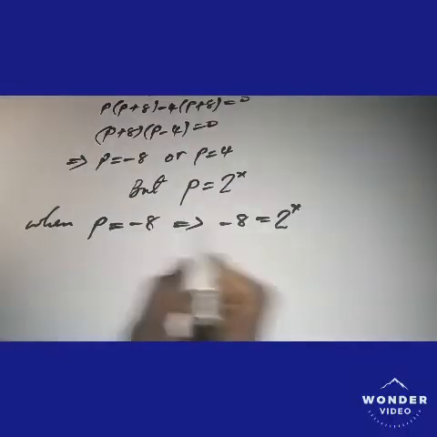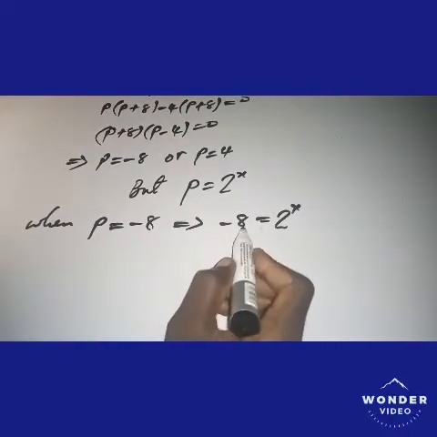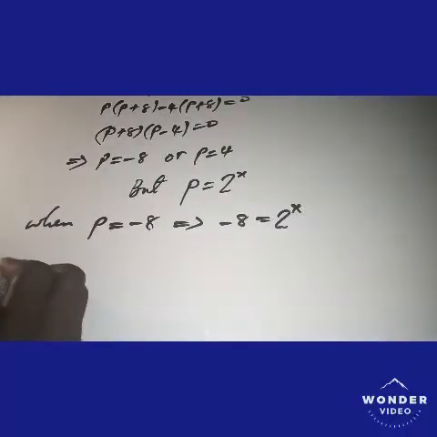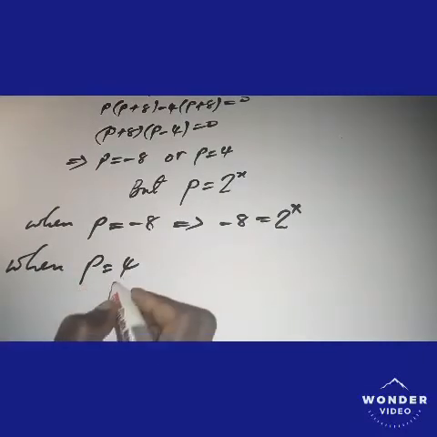Therefore, the first option, negative 8 equals 2 to the power of x, has no solution. So we move to the second option, when p is equal to 4.